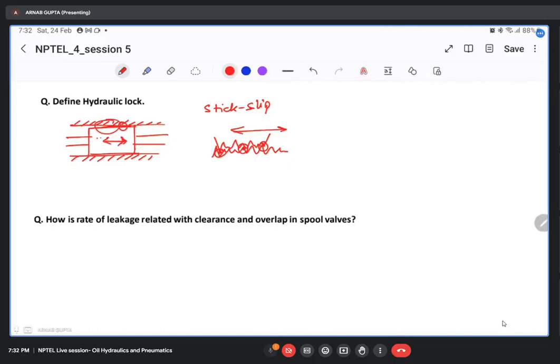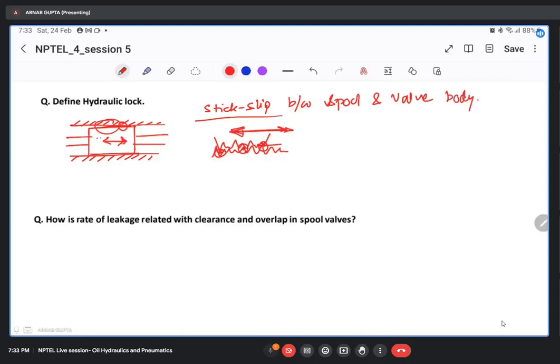Now, as it is sliding due to inertial motion, these contacts again break. So it slips at that point of time. That type of contact is called stick slip contact. It happens between the spool and the valve body or the casing that I was saying.